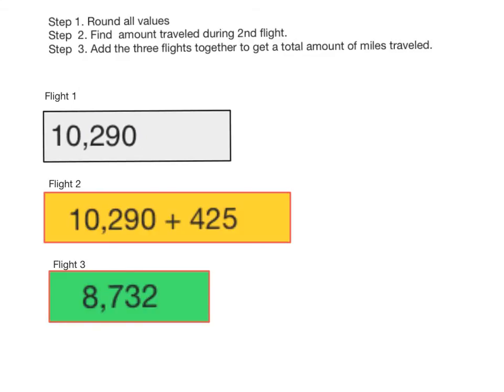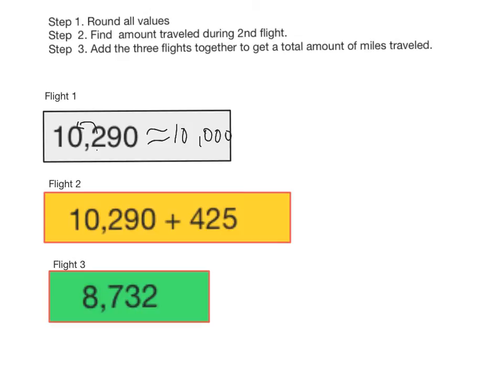The very first thing I want to realize is that in flight 1, there's 10,290 miles. Well, if I'm going to round first, what is that about? I'm going to go ahead and say that is about 10,000 miles. How do I know that? Because that 2 is going to tell that 0 to stay.